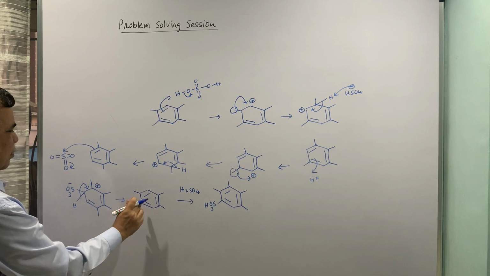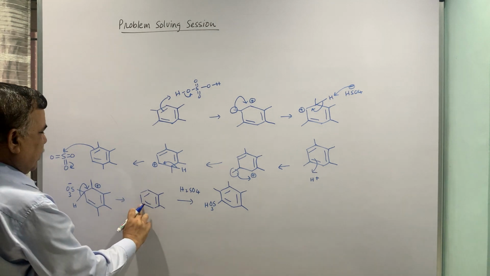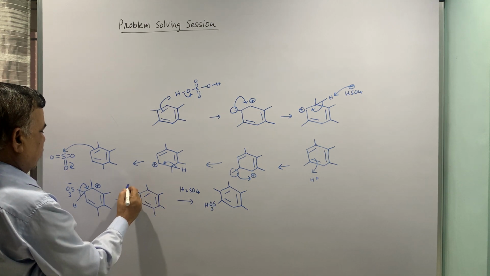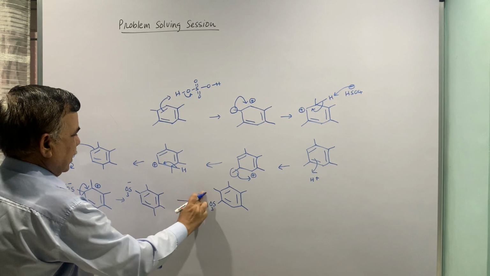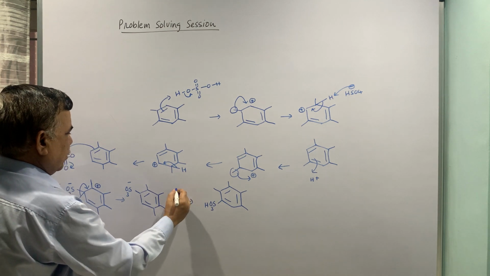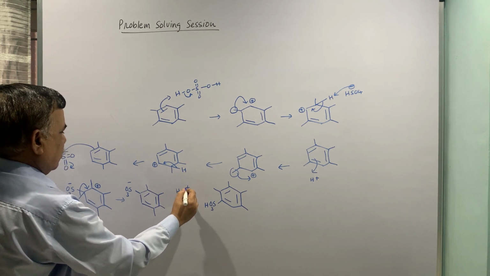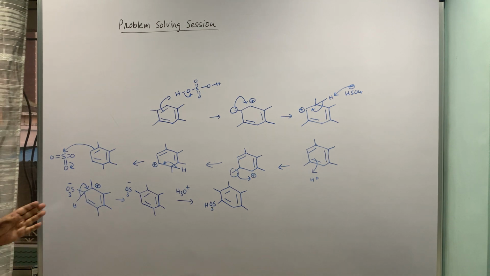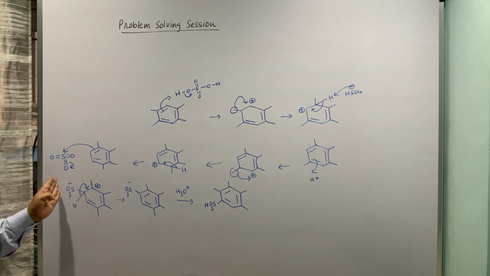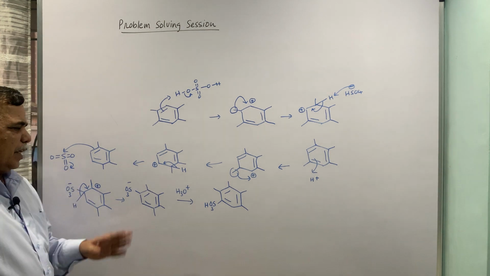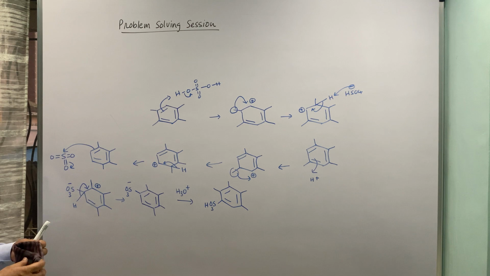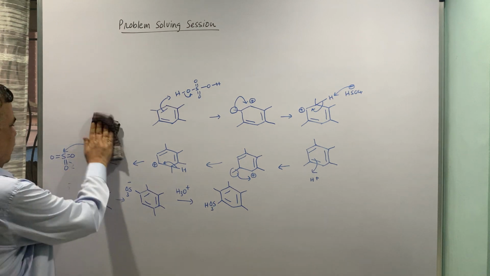This will give you, I will just make a modification here, 1 2 3 4 SO3 minus, which will take a proton from the water, and that becomes sulfonic acid. Or you can show abstraction of this by the SO3 minus, and that is how you get the sulfonic acid as a rearranged product. Okay.